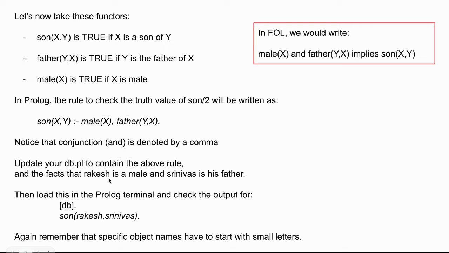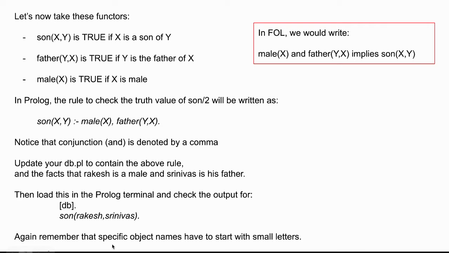You do that, and then you again enter this in your db.pl file, then again reload the db.pl file in your Prolog terminal, and then give this command to check whether Rakesh is son of Srinivas or not. Is Prolog able to make the inference or not?